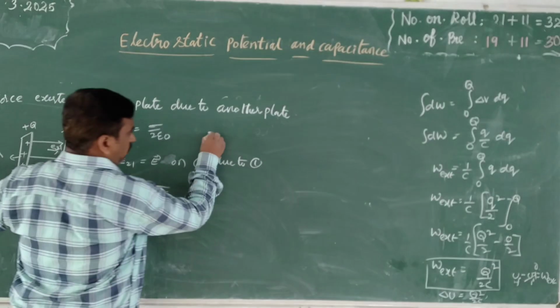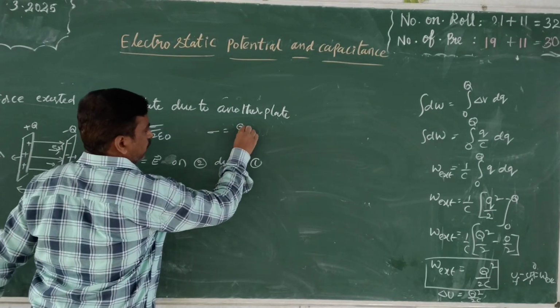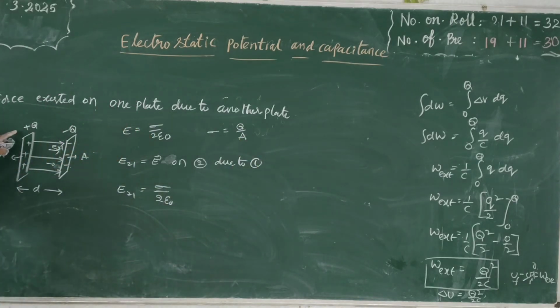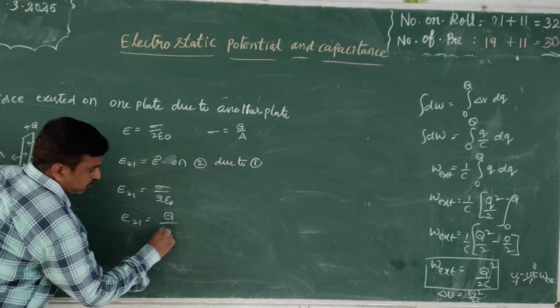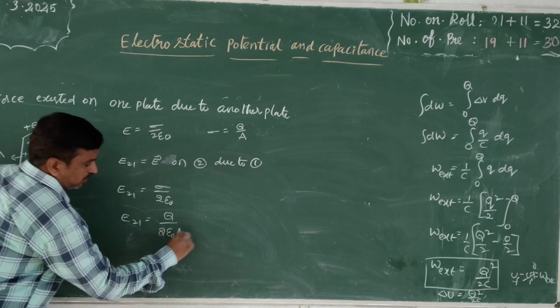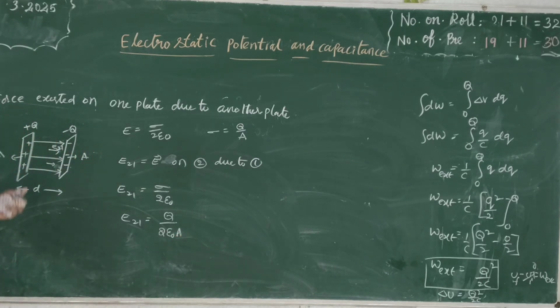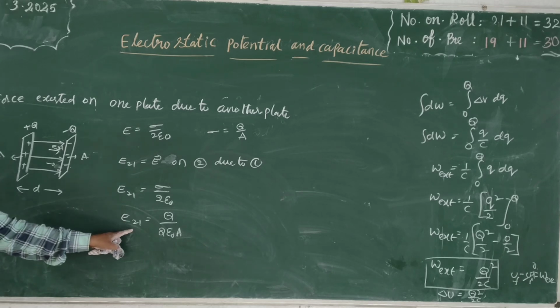Sigma means charge per unit area. What is the charge here? Q, and the area is A. So E21 equals Q by 2 epsilon naught A. It is the electric field on the second plate due to the first one.